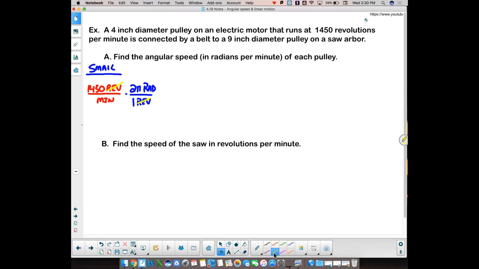Revolutions gone, leaves me in radians per minute. So the small pulley is operating at 2900 pi radians per minute. Do we all agree on that one?